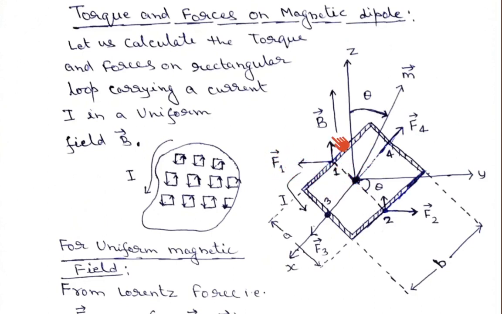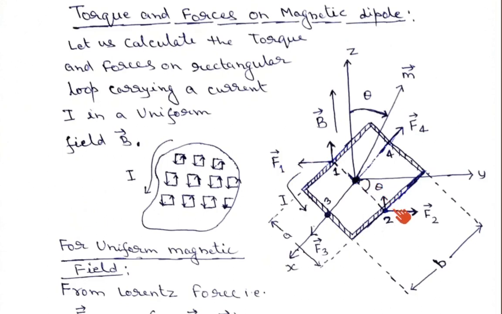If the magnetic field is in the z direction and the current is flowing, let us say, in the x direction, then from what we know, the magnetic force on a current carrying loop is equal to I L cross B. Here the displacement vector is along the x axis and the magnetic field is along the z axis, so obviously the force F1 will be acting along the y axis.